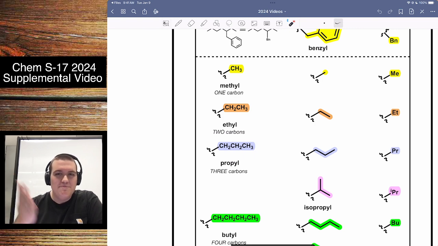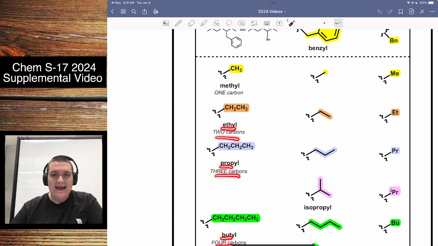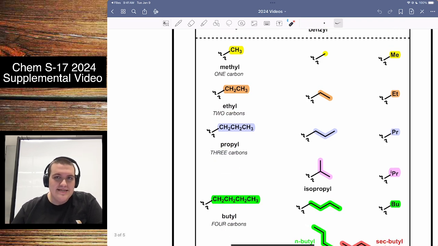Meth, eth, prop, but. Just to ingrain that meth is 1 carbon, eth is 2 carbons, prop is 3, and but is 4. And then the YL for all of them just says that it's a substituent.